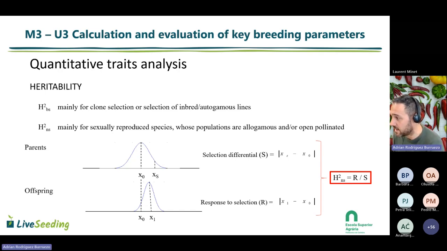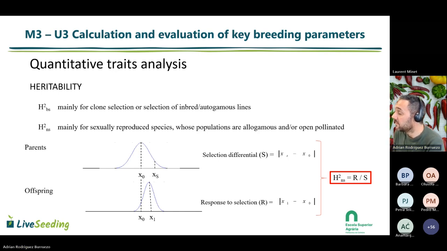Then in the offspring, you estimate another parameter, the response to selection, which is, in an analogous way, the difference between the mean of the offspring from the selected parents and the mean of the original population.